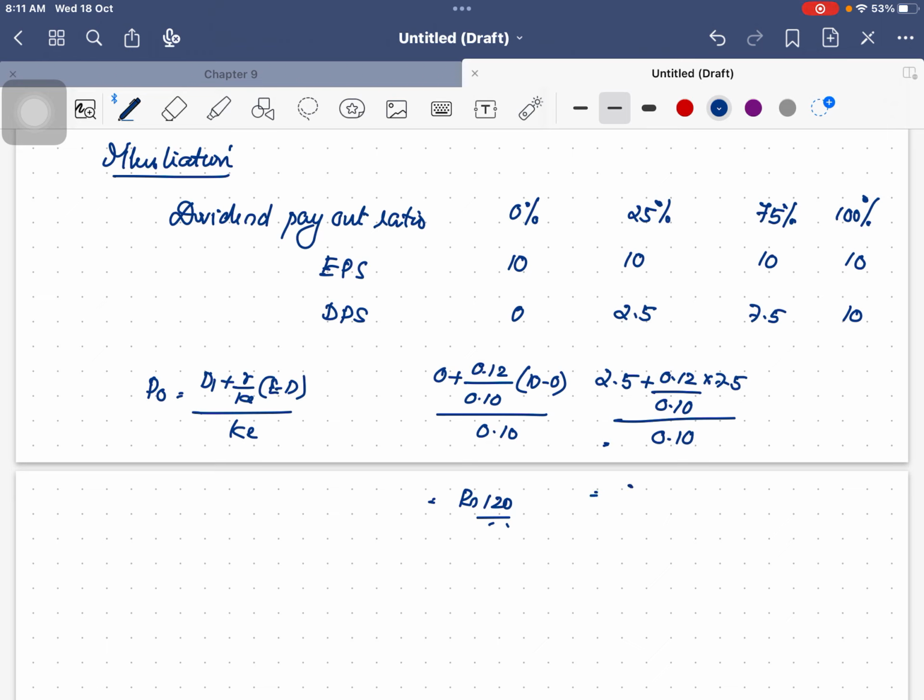So this is 2.5 plus 9 divided by 0.10, that is 11.5 divided by 0.1, rupees 115.